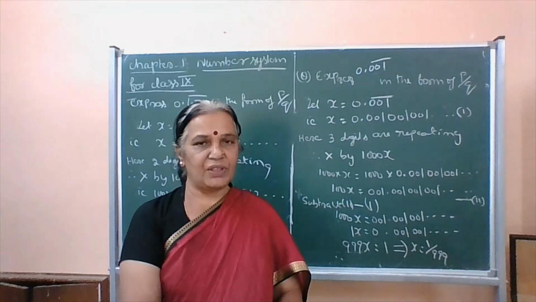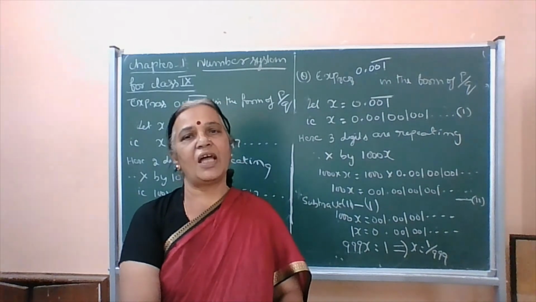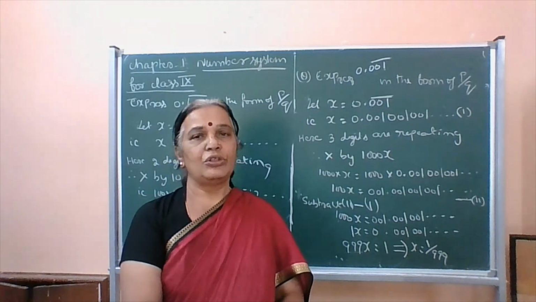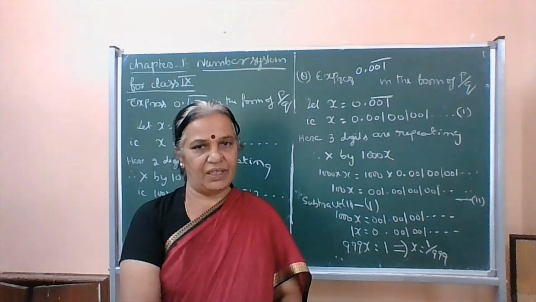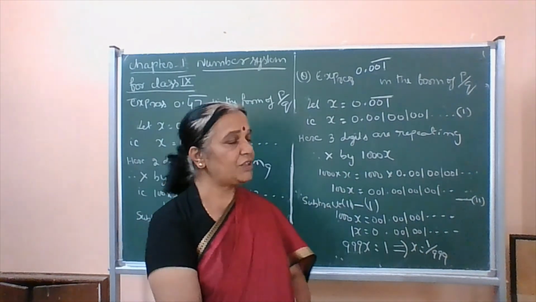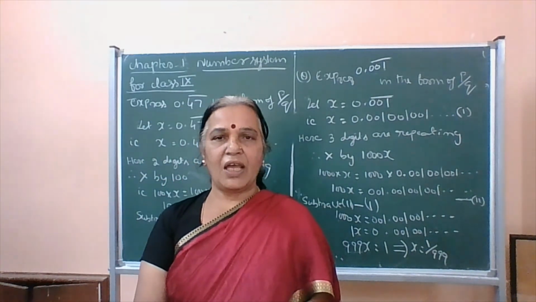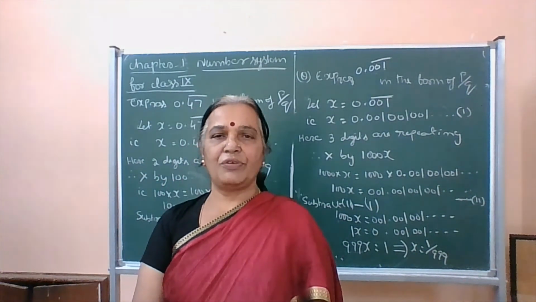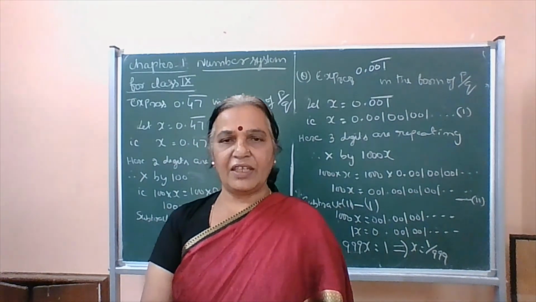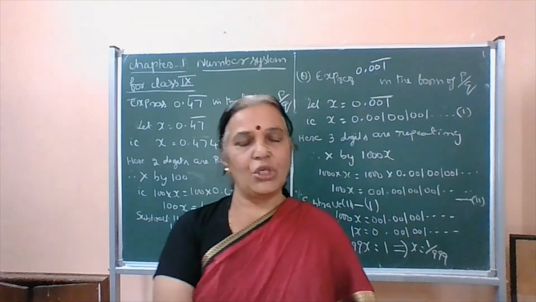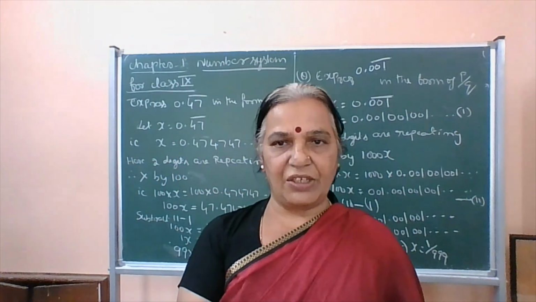And that combination, that is set of rational number and irrational number, together we call it as real number. For irrational number, examples are square root of 2, square root of 3, square root of 11, and value of pi, value of e, like that. These numbers you cannot write in the form of p by q.